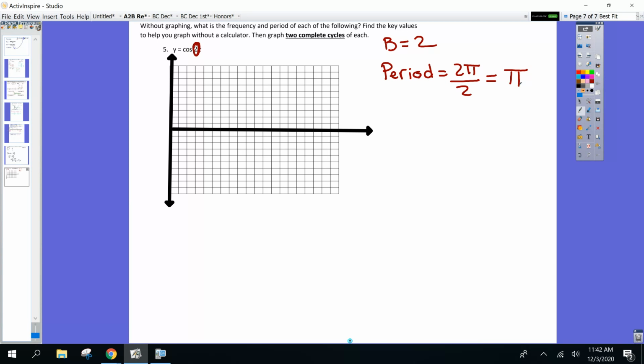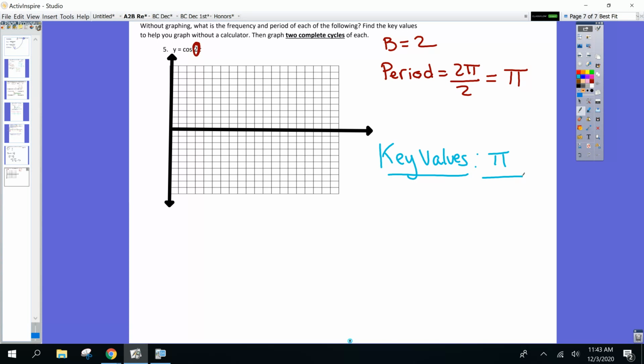Now, how do I break up the x-axis from yesterday? We find key values. Let me refresh everyone's memory. How do I find the key values? You take the period, pi, and always divide it by what from yesterday? Divide it by 4.